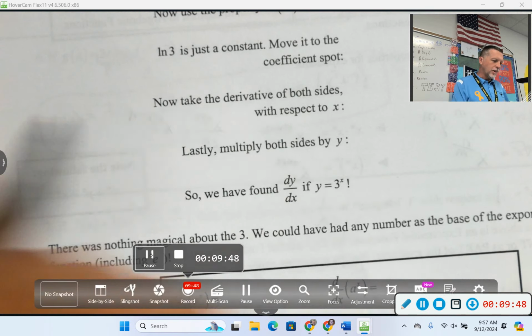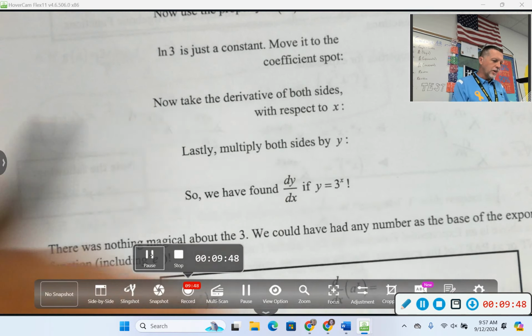Derivative of e to the u is e to the u, chain rule times the derivative of u. The derivative of a to the x is a to the x, but we need to multiply by something else. Based on what we did yesterday and what I said shortly before we started this lesson, any guesses on what we would want to multiply by?